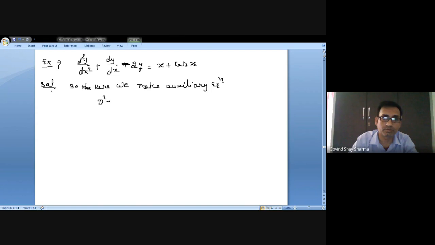Now the auxiliary equation is m square plus m minus 2.